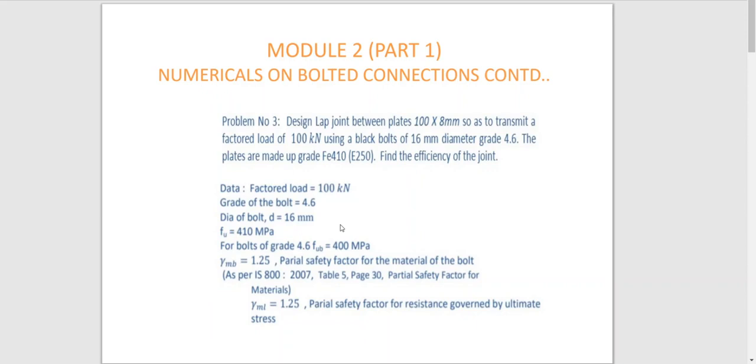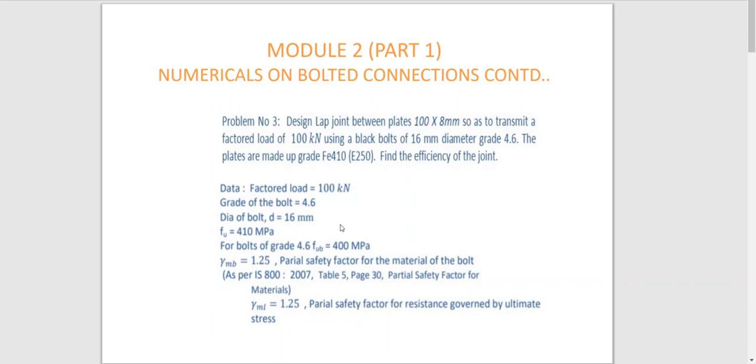It is like this: design lap joint between plates 100 into 8 mm so as to transmit a factored load of 100 kN using black bolts of 16 mm diameter grade 4.6. The plates are made of grade Fe410. Find the efficiency of the joint.